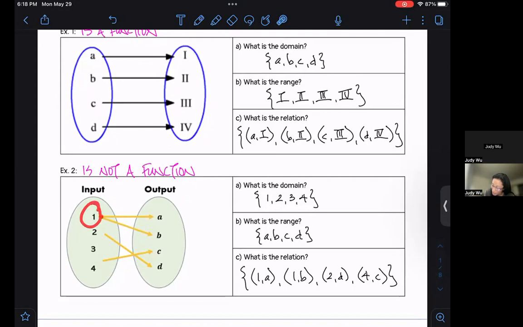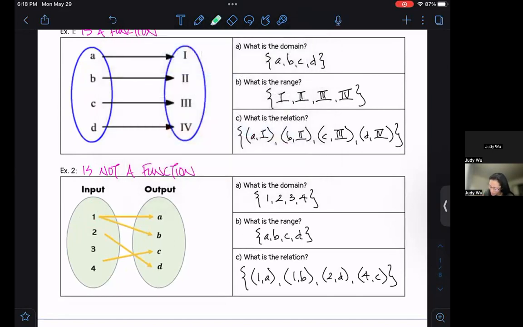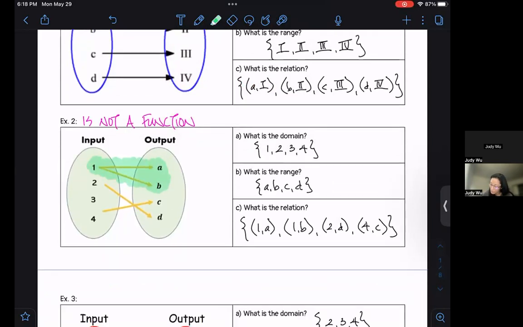When I put in 1, I either get A or I get B. I have two values that come out when I put 1 in. Let me highlight that. That piece right here, the 1 going to A and B, is what makes this relation not a function.